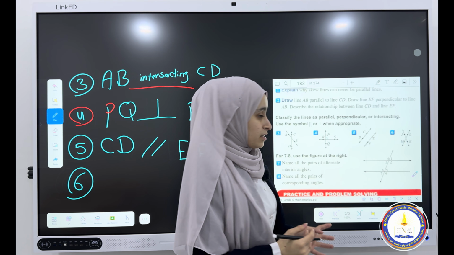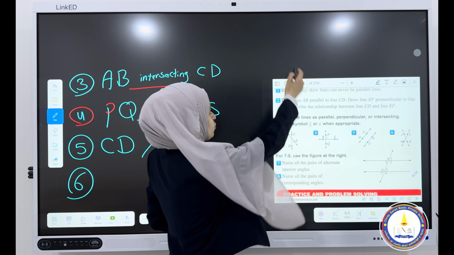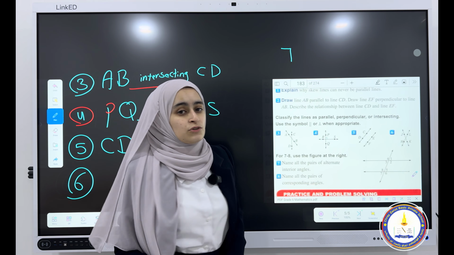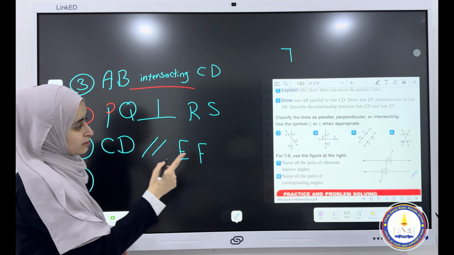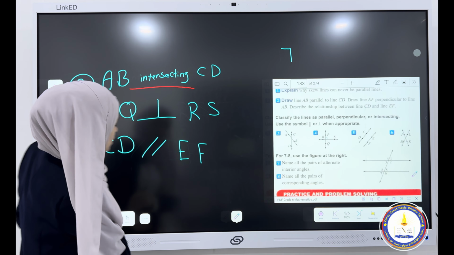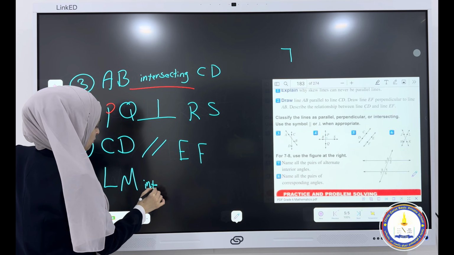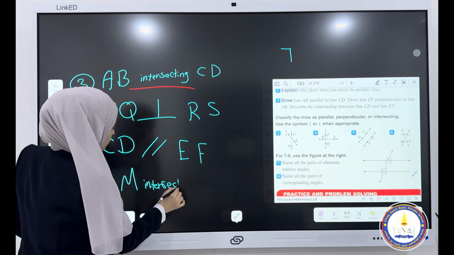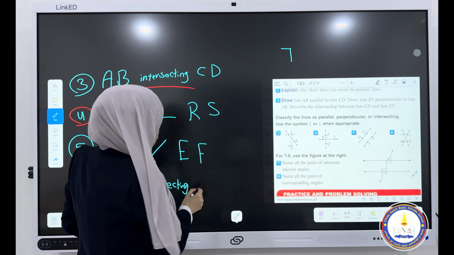It's not parallel, that's obvious, but do we have the symbol of 90 degrees or right angle? No, we don't. So it means it is intersecting. The answer is LM intersecting JK.